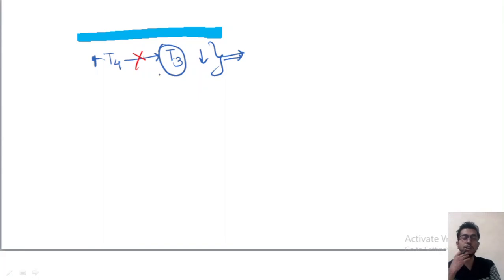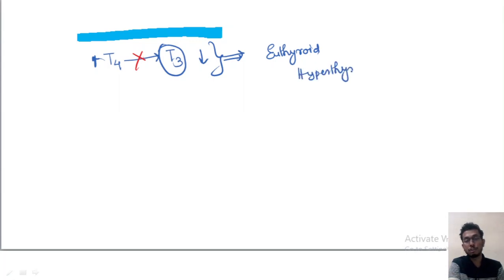So circulating T3 amount is low in our body due to the amiodarone effect, but T4 is increasing, which leads to a state known as euthyroid hyperthyroxemia. Alright, euthyroid hyperthyroxemia.